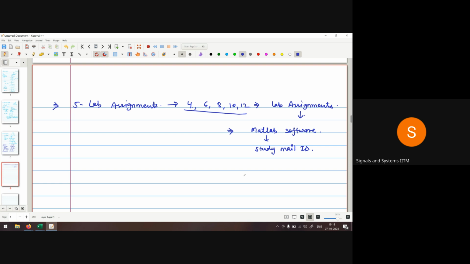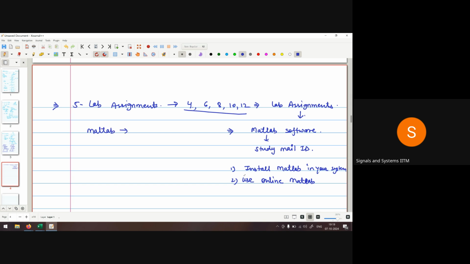The first option is that you install MATLAB in your system. As you know, MATLAB is a bulky software, so if you don't have that much configuration for MATLAB, you can use online MATLAB.